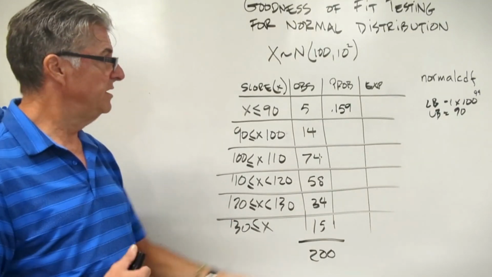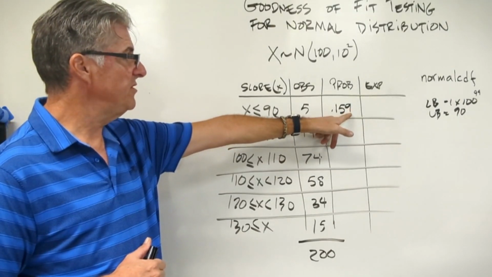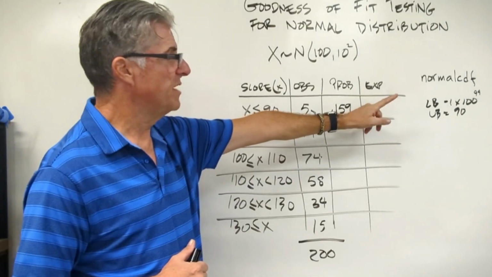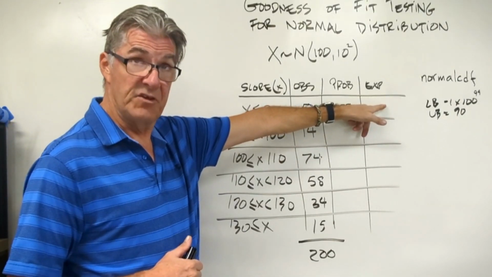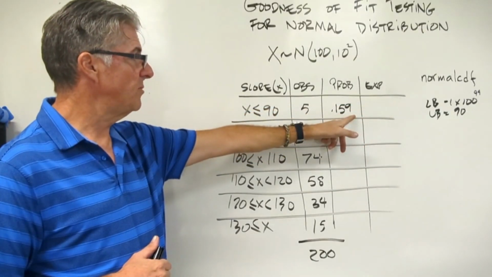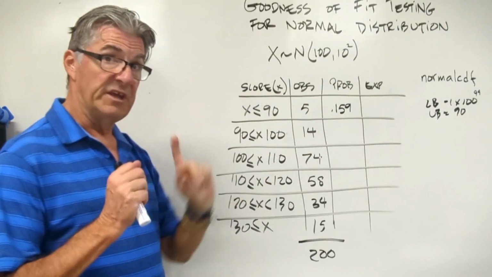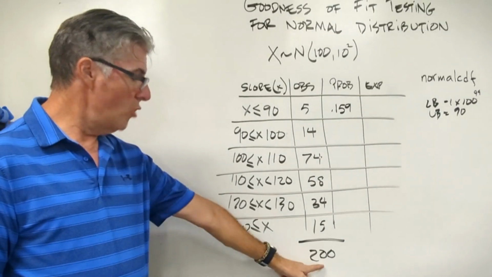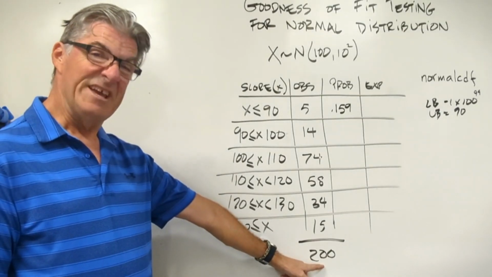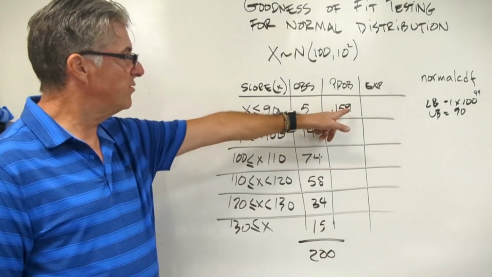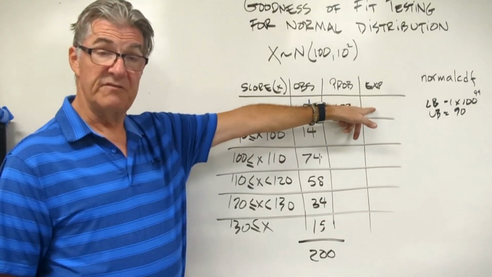Okay, next step. Now use this probability to find the number that we would expect if the normal distribution happened. So we just got the probability, but the calculator is going to want observed and expected. So the key thing you have to remember is we have a total of 200 people in our sample. So go ahead and use that probability and find your expected value.